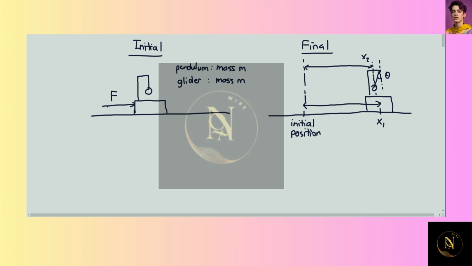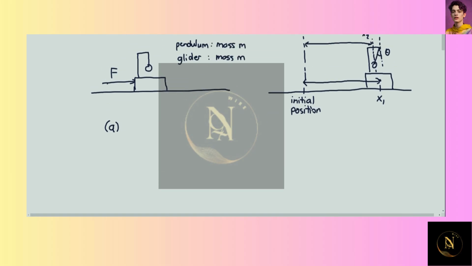So in part A, we want to find the horizontal component of the VCM of the glider sphere system. To do this, first we want to find XCM. So this is m1 x1 plus m2 x2 divided by m1 plus m2.